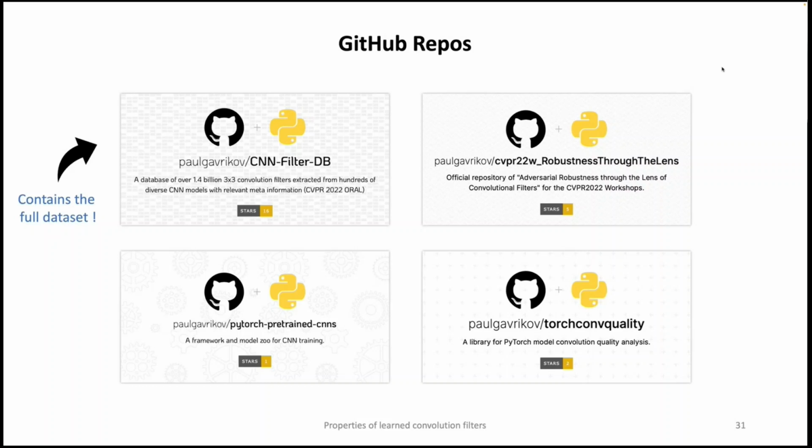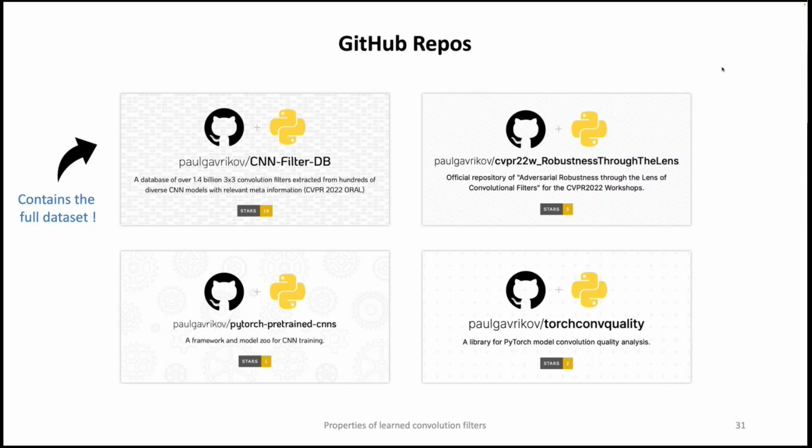It's basically one large NumPy array, but every filter also has an annotation. So you can run your own experiments and do your own filter analysis with that. The adversarial robustness repository also contains all the code that we've used, so you can look at the metrics and use our visualization tools.